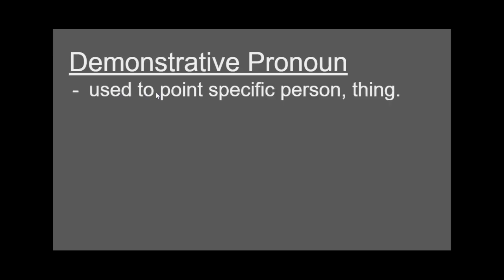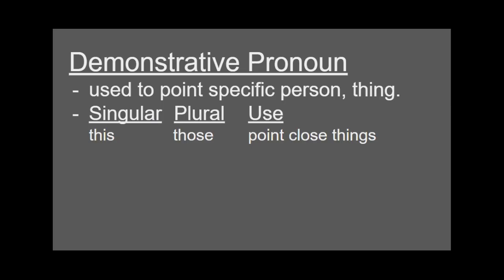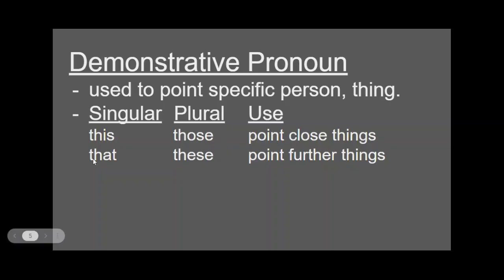Demonstrative pronoun. It is used to point to a specific person or thing. Let's see some examples of these pronouns and their use. Singular is this and plural is these. This and these point to close things, while that and those point to further things.